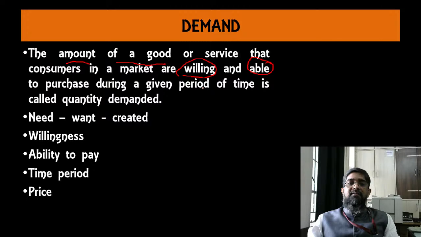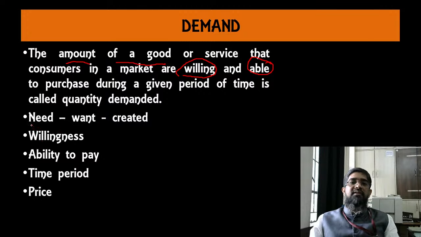If you have only want, you want to buy an Apple, say an iPhone, but if you don't have money, that cannot be treated as demand. So your need or your desire clubbed with the ability to pay, that is money must be there, then you can call it demand.